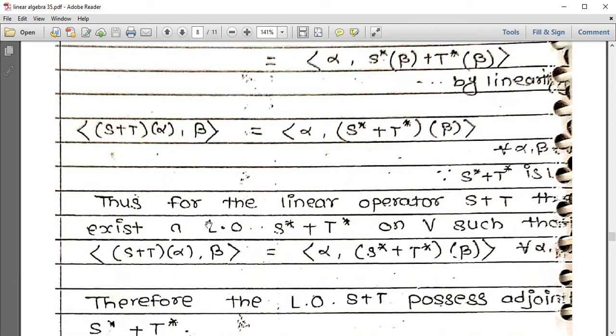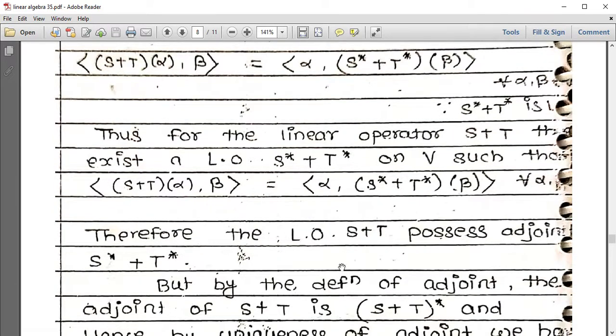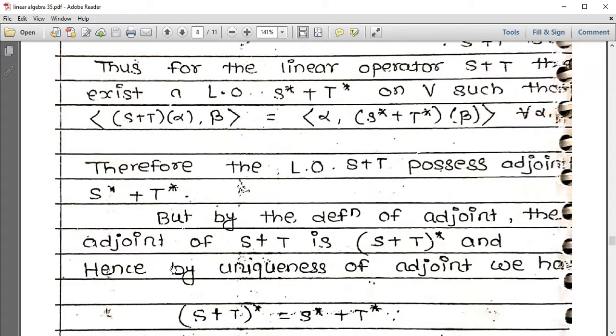Thus, for the linear operator S plus T, there exists a linear operator S star plus T star on V such that the inner product of (S plus T) of alpha and beta is equal to the inner product of alpha and (S star plus T star) of beta, for all alpha, beta belonging to V. Therefore, the linear operator S plus T possesses the adjoint S star plus T star.